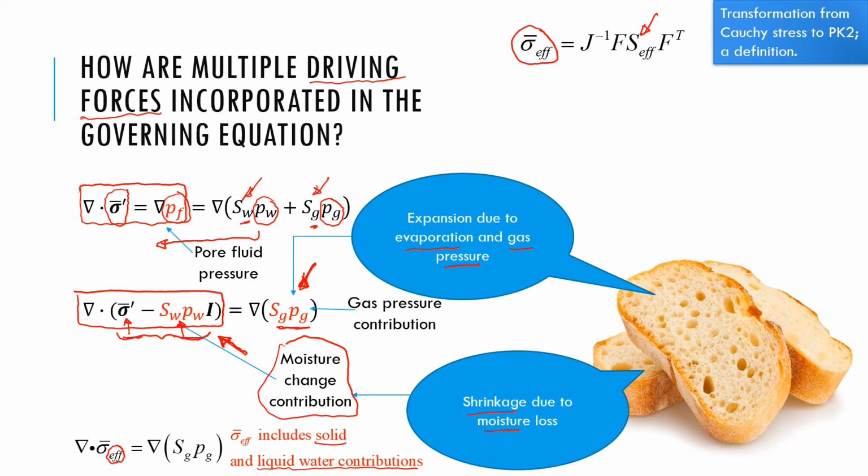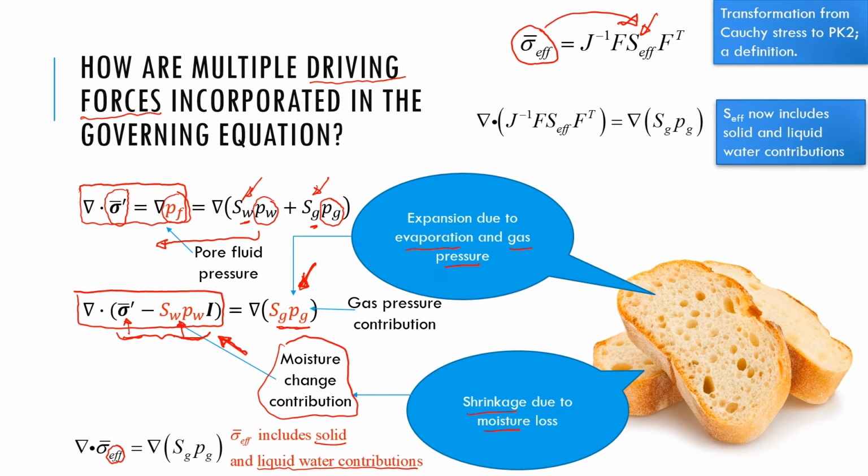That's just a transformation, so we haven't done anything. It's just this stress transformed into this other stress, and now we plug in this part in my governing equation. Doing that, this is the part that I plugged in, and I get pretty much the final equation.